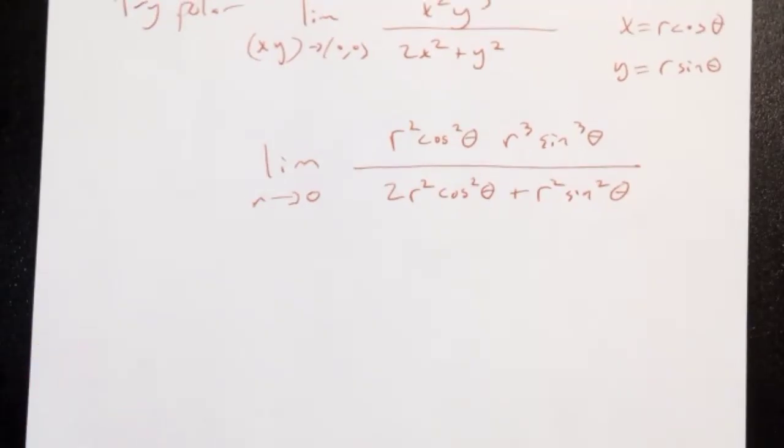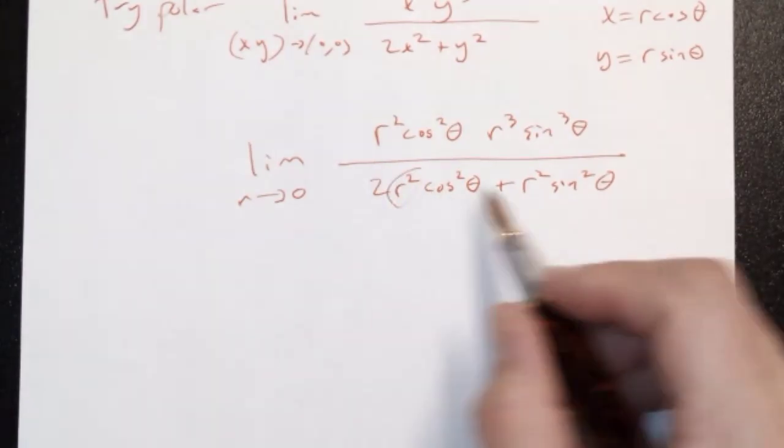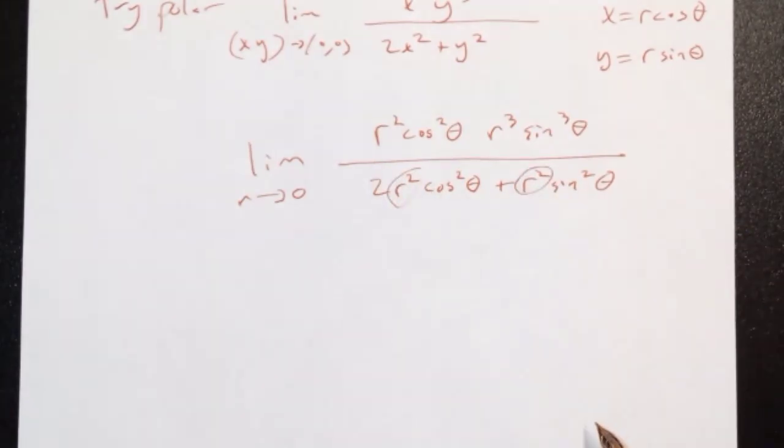Because if I'm going to 0, 0, it doesn't matter what direction I'm coming from, yes? As I'm going towards 0, it doesn't matter what direction I'm coming from, r is getting smaller. But again, I say the same thing. I can factor out this r squared.